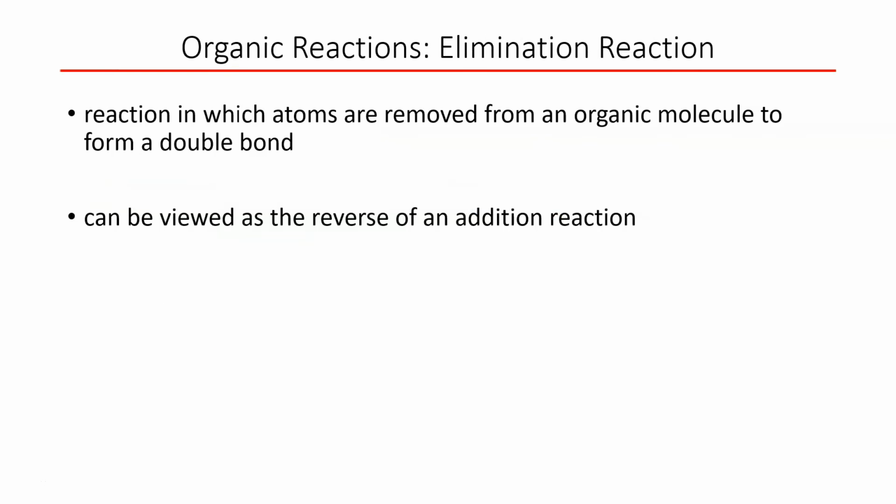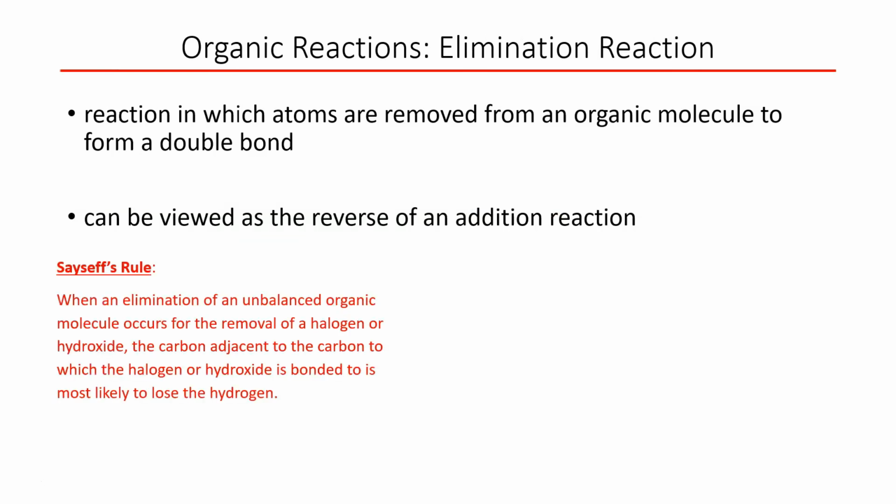So our elimination reactions can be seen as the reverse of our addition reactions. But when we're removing from a potentially unbalanced molecule, we have the reverse of Markovnikov's rule, which basically just says the carbon with the most hydrogens is least likely to lose the hydrogens.